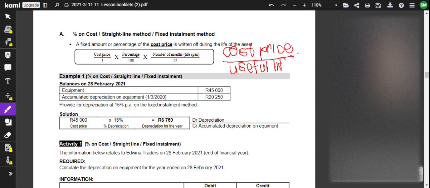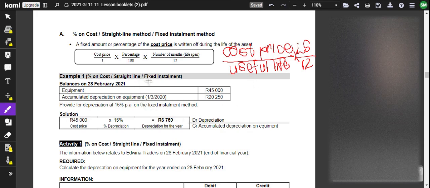Excuse my writing. And then you'd multiply by your lifespan, so 12 or 6 or 7, depending on how many months you had the asset for. Then divide that by 12. So these are the two formulas that you could use using the cost method.